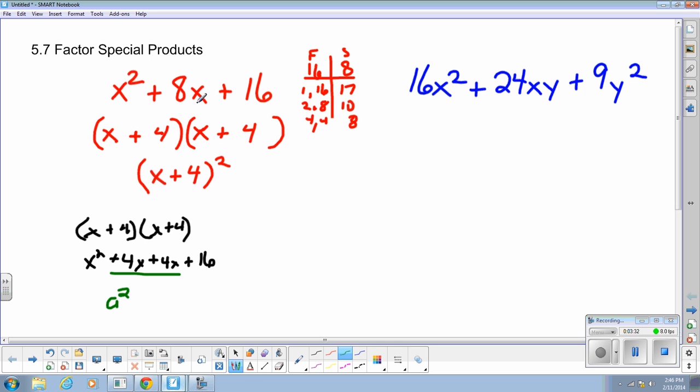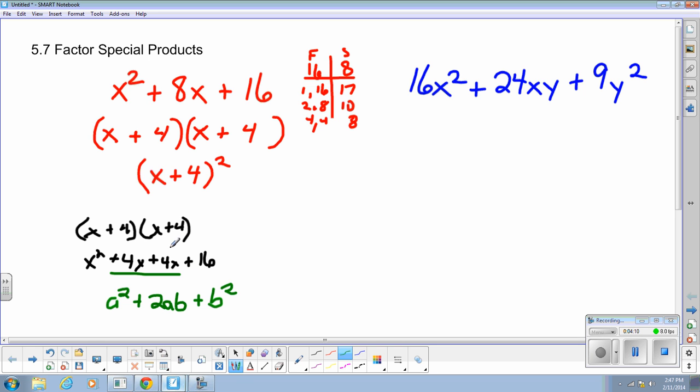The last term is also a perfect square, b squared, which could be a different number. The middle term is 2 times the product of the square roots of the first and last terms: 2 times a times b. Here, a is x and b is 4, so 2 times 4x is 8x.